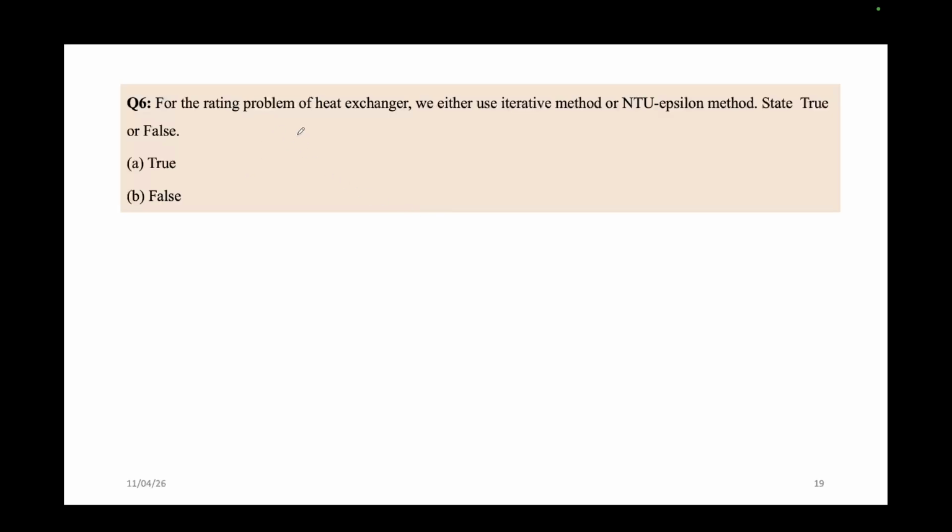For rating problem, only NTU method we use, and for not rating problem we use only the... okay, okay. Just what you are saying, which is the answer option?